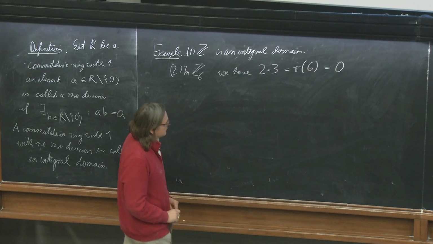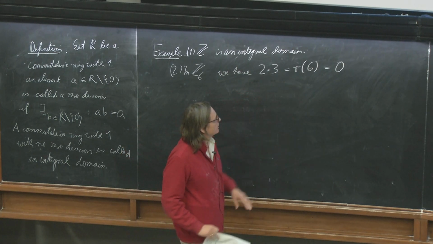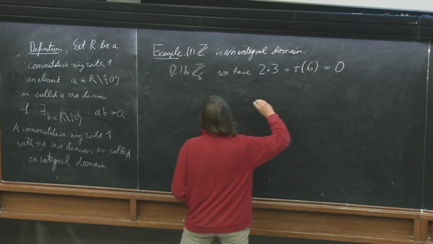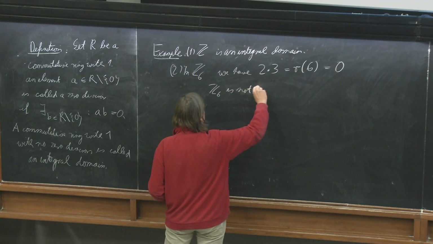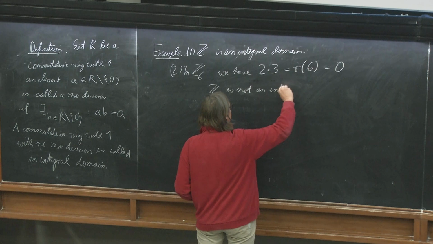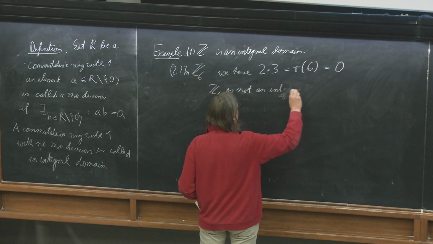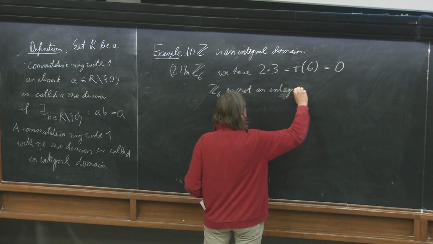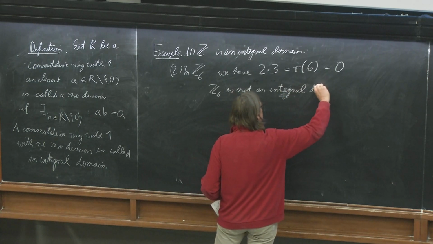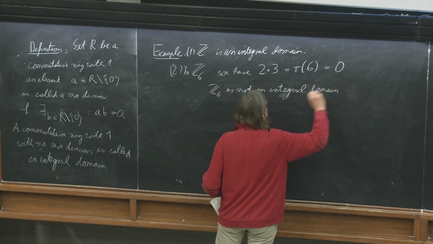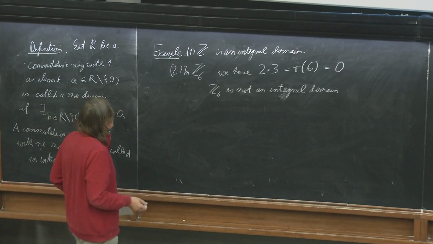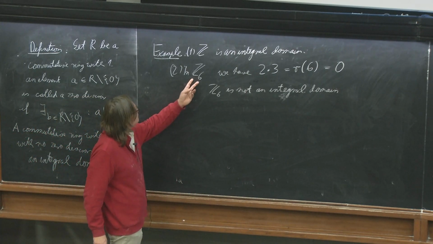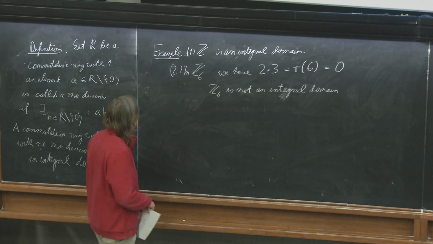And neither 2 nor 3 are 0. So that means Z6 is not an integral domain. But we could ask ourselves when such a thing will be an integral domain.